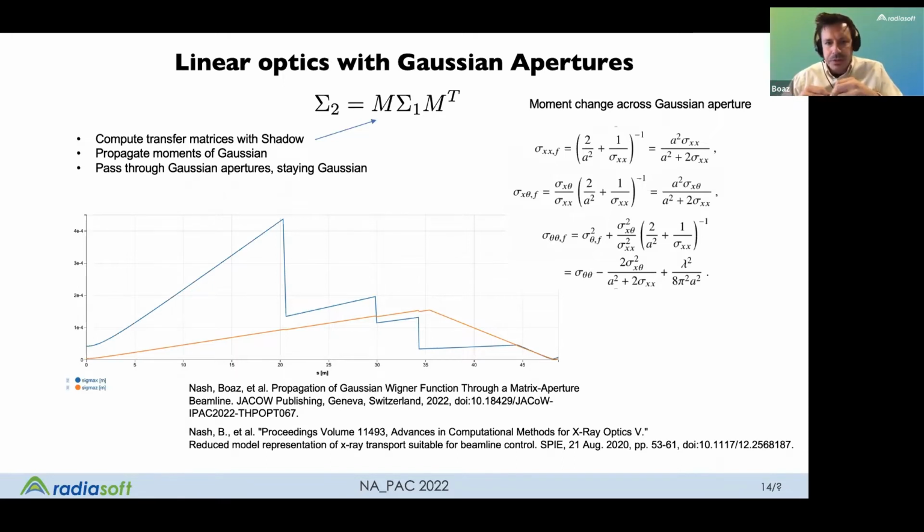I think of it as a nice linear optics basic check that you can do to see that your optics are set up correctly. And there are some papers and some formulas for how the beam changes when it passes through the aperture.